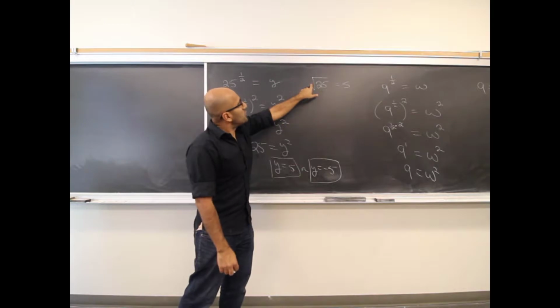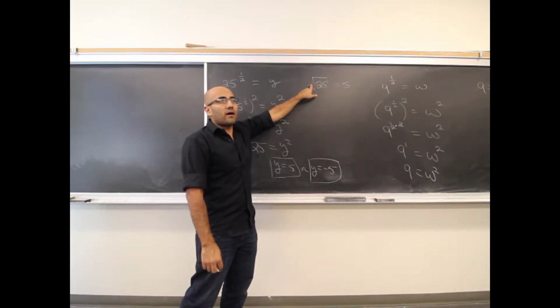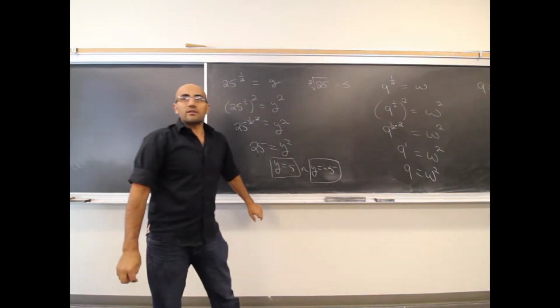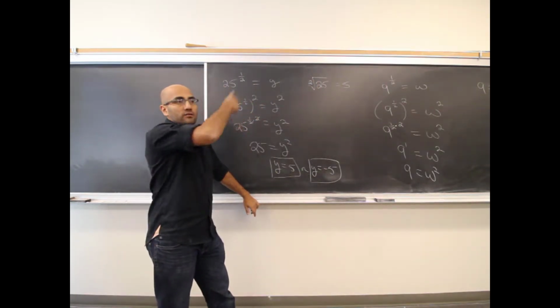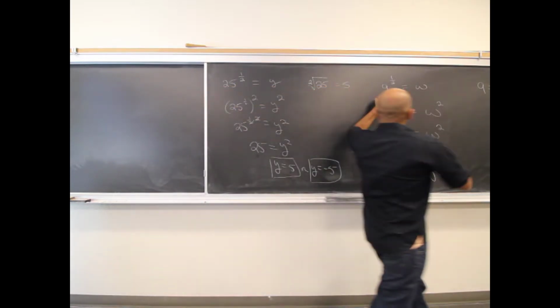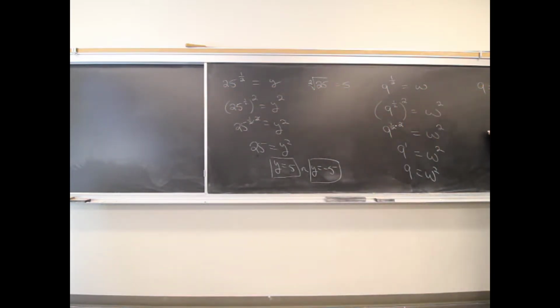And also notice that if there's nothing written there, by default there's an invisible 2 there. And the same thing over here. It seems like this thing is somehow related to that. So 9 to the 1/2 power is related to the idea of the square root of 9.